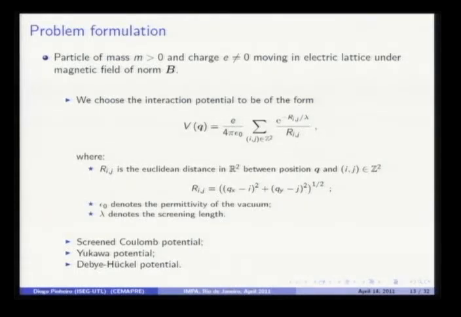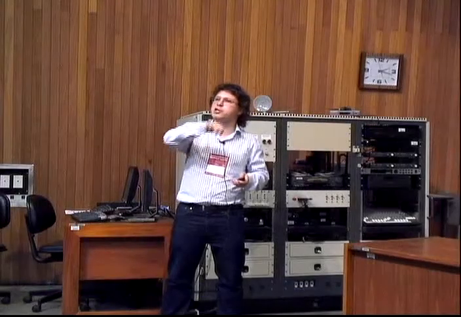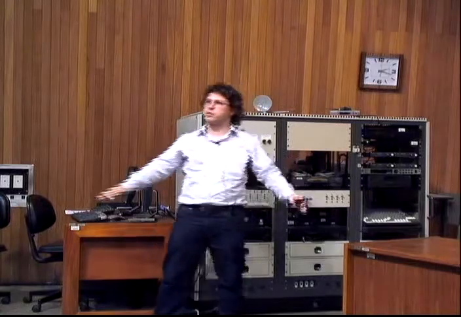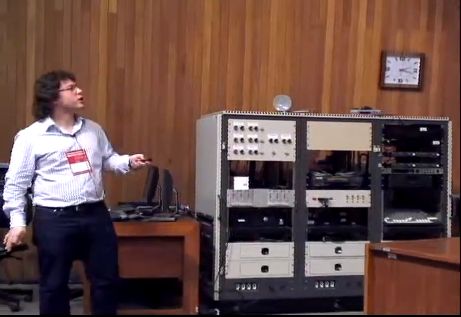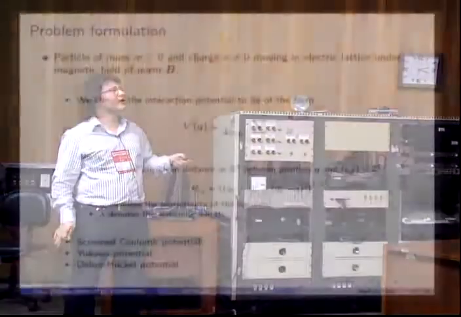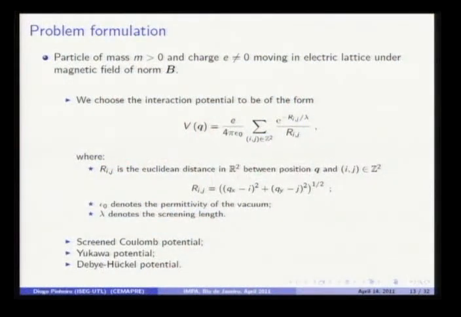This is generally referred to as a screening term. So as a first approximation, you only look at the interaction of the moving charge with the points of the lattice which are inside a small box, because it decreases exponentially. These are famous potentials: screened Coulomb potentials, Yukawa potentials, or Debye-Hückel potentials.